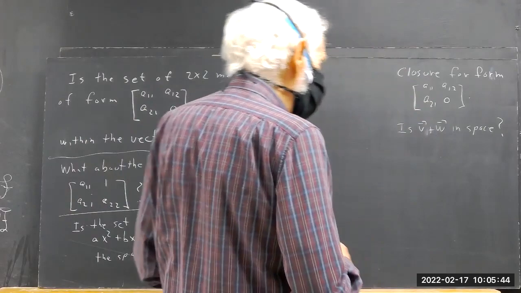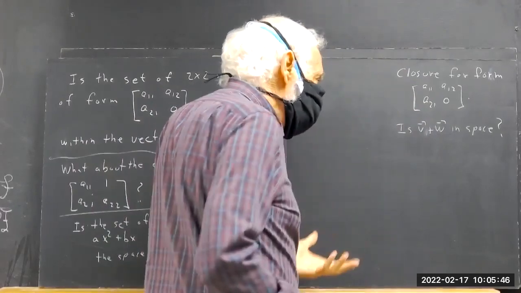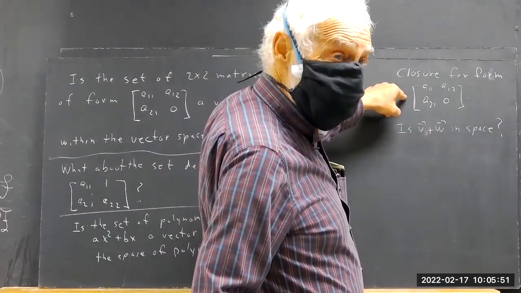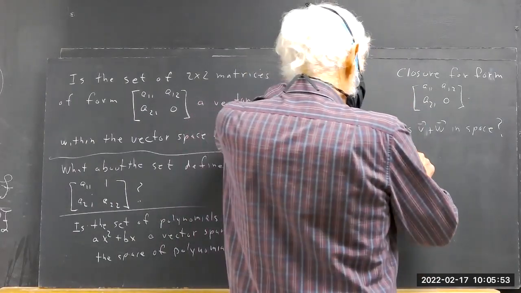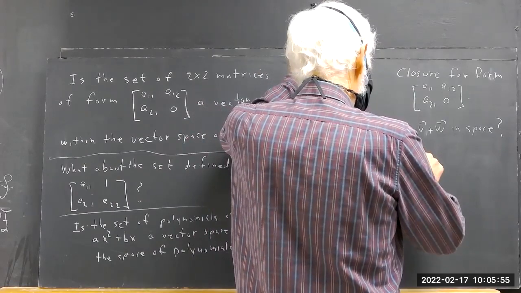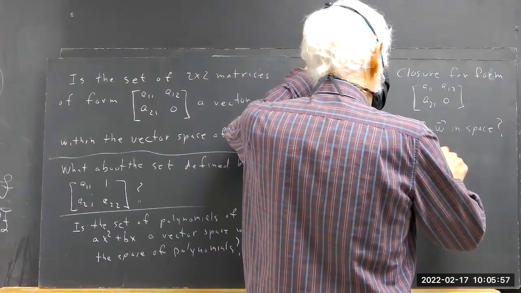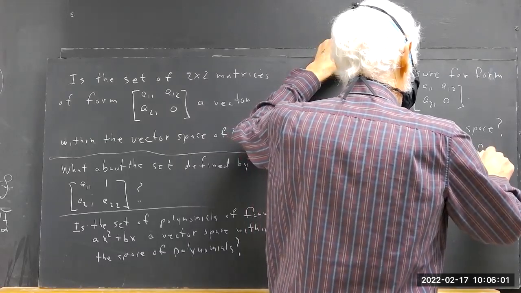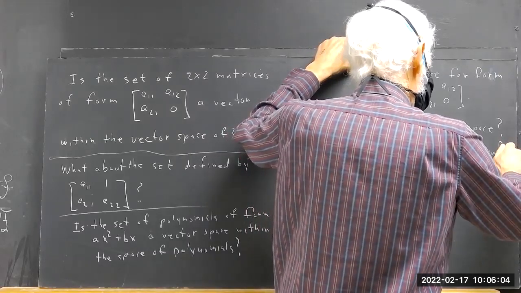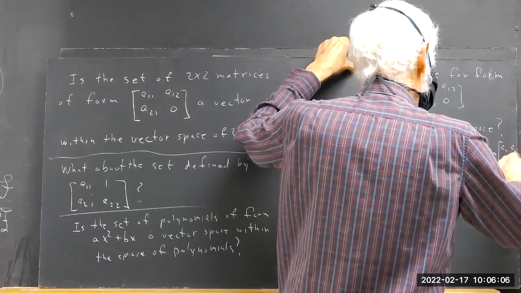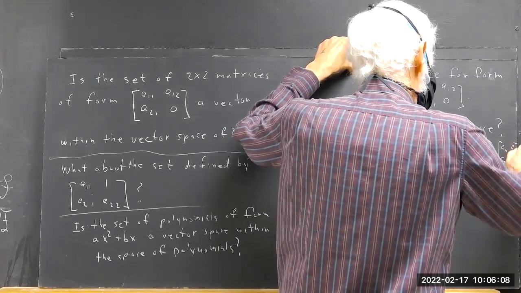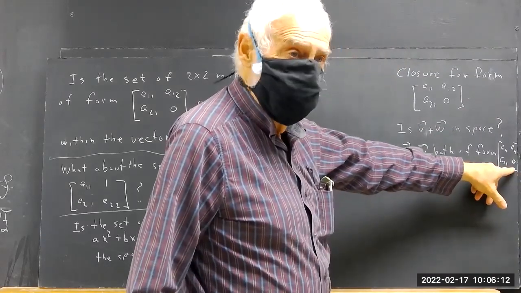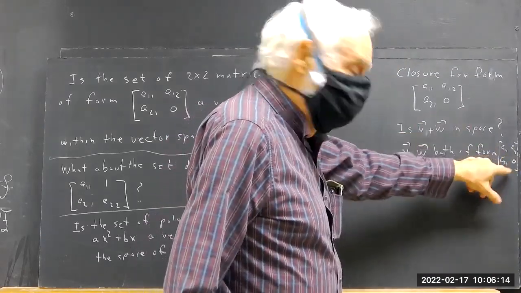So, is V plus W in the space? Well, what do we mean by V and W? I mean, two matrices of this form. So we have to identify them. You can't read it, but you know what I'm saying, because I made sure the 0 was clear, and I've got 4 numbers.